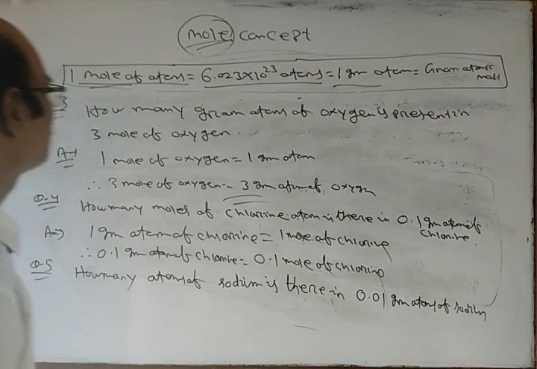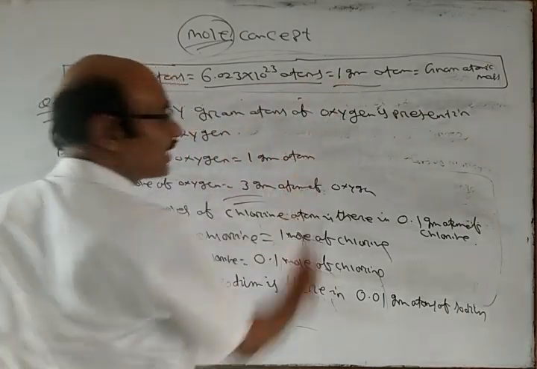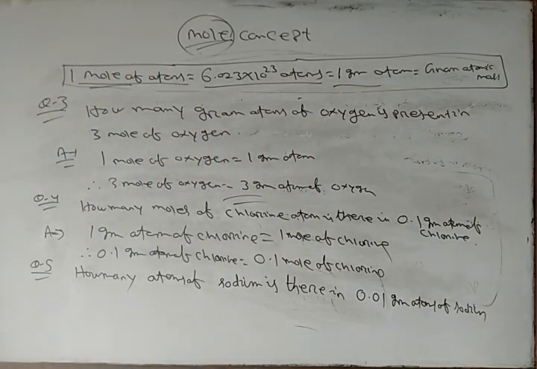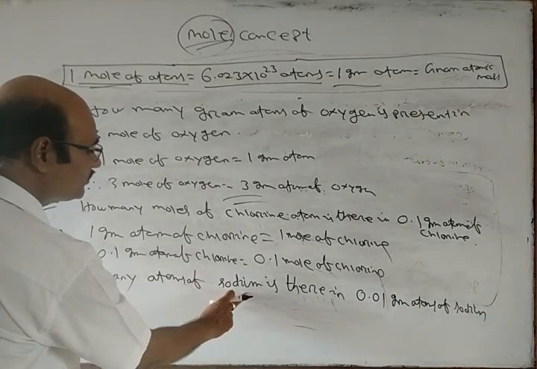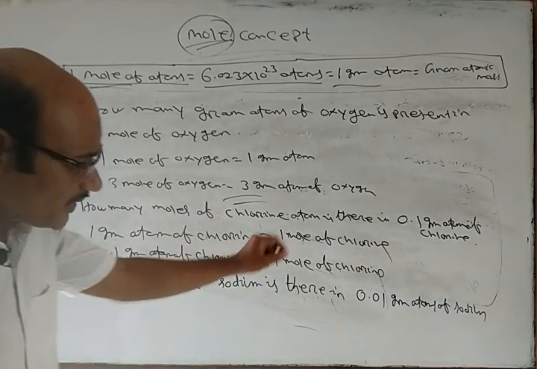So this is about the relation between the number of atoms and gram atom. Let's see how many atoms of sodium are there in 0.01 gram atom of sodium.